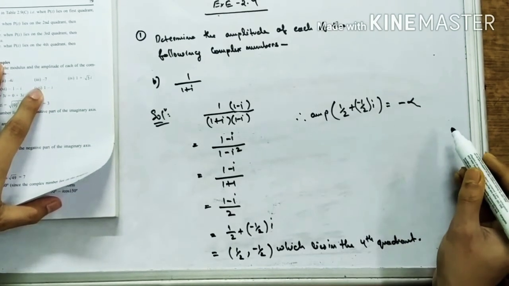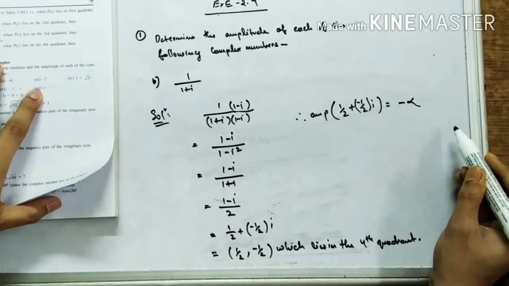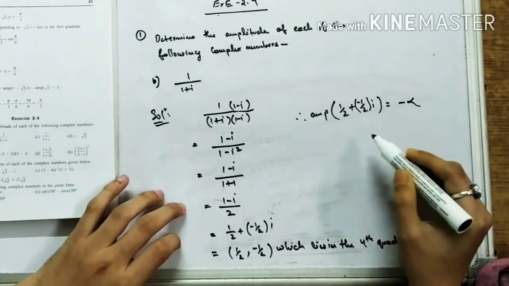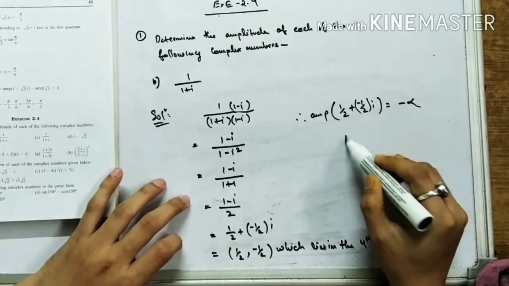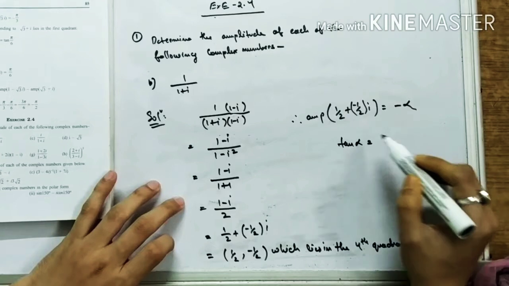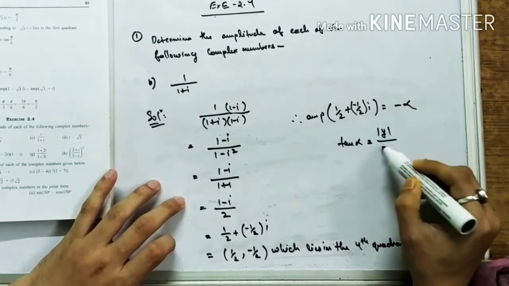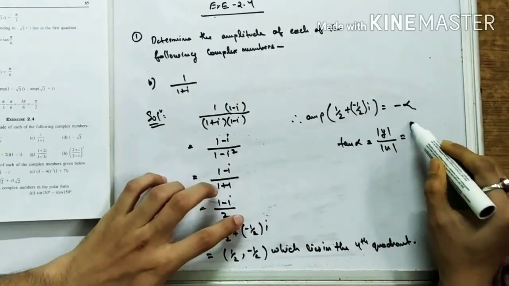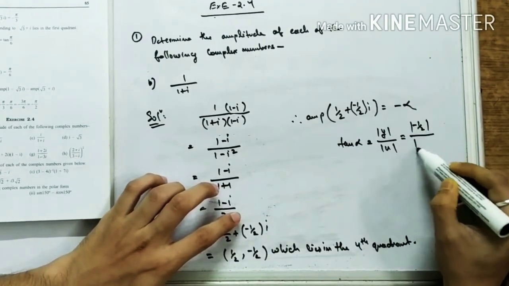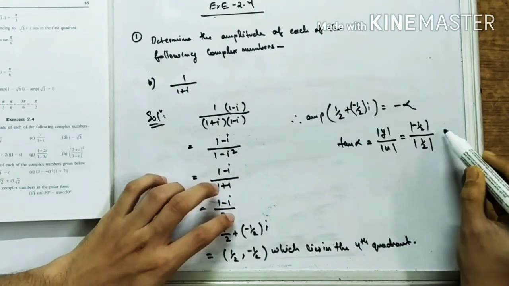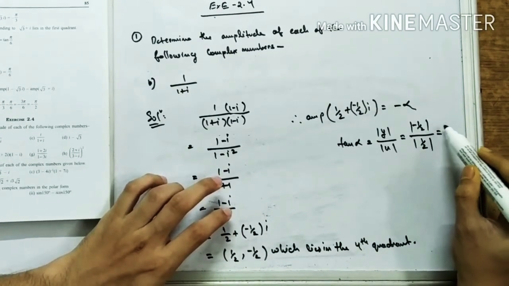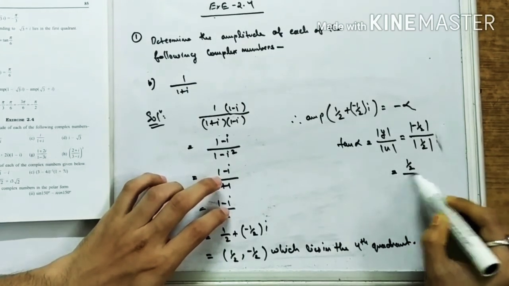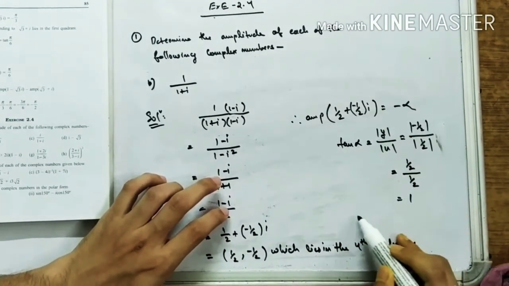Okay. So therefore, first of all, I have to find tan alpha. Tan alpha is equal to modulus y by modulus x. So modulus y here is minus 1 by 2 by modulus 1 by 2, which is 1 by 2 by 1 by 2, which is equal to 1.